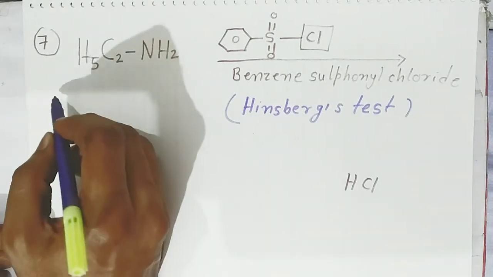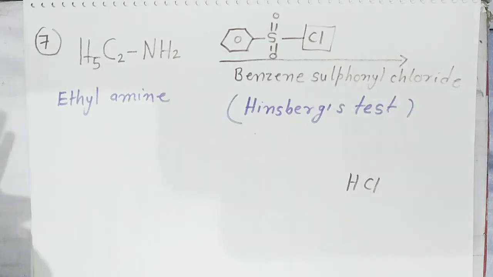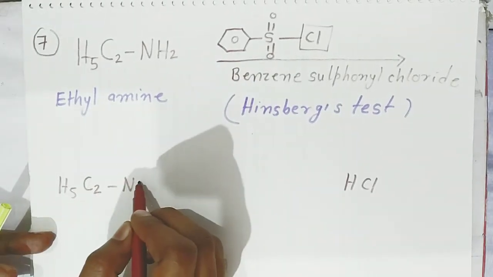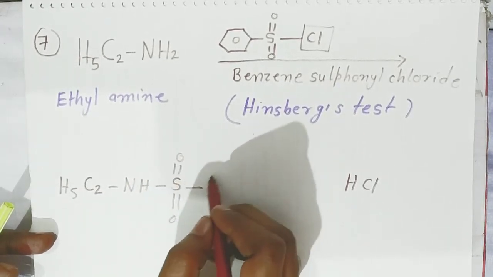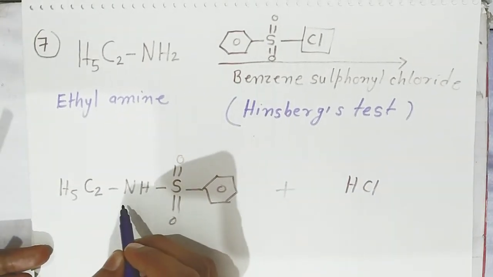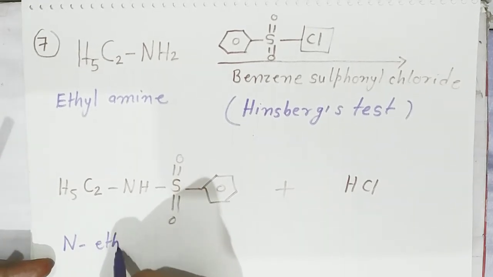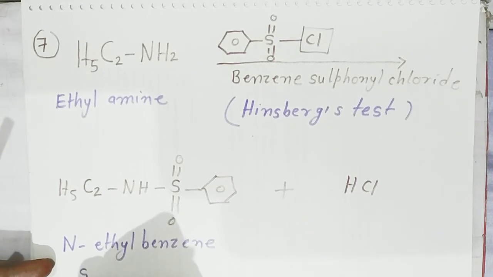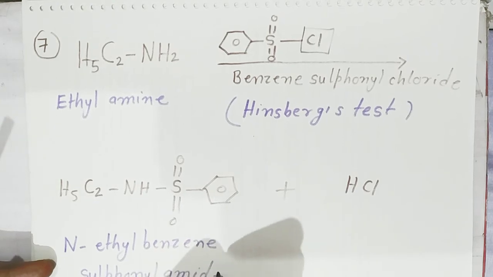And the ethylamine, C2H5, combines with the sulfonyl group and forms this product. The name of the compound will be N-ethyl benzene sulfonamide, the product you are getting, students.